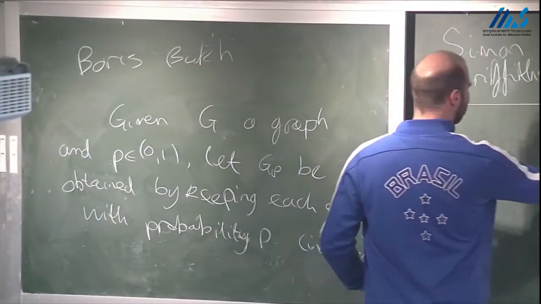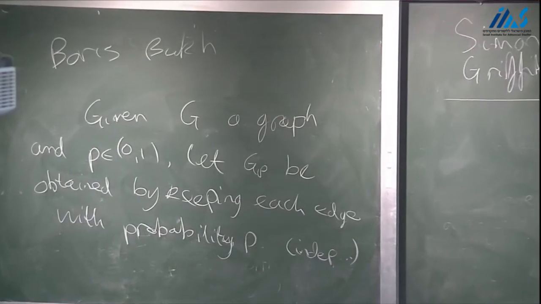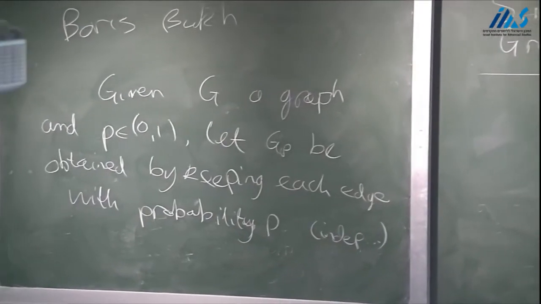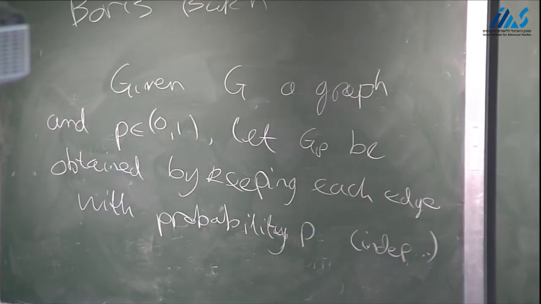And so Boris was sort of asking, we start with the graph, it's maybe got quite a lot of edges, maybe it has quite a high chromatic number. When you do this procedure of going to a random subgraph, can the chromatic number suddenly fall dramatically?